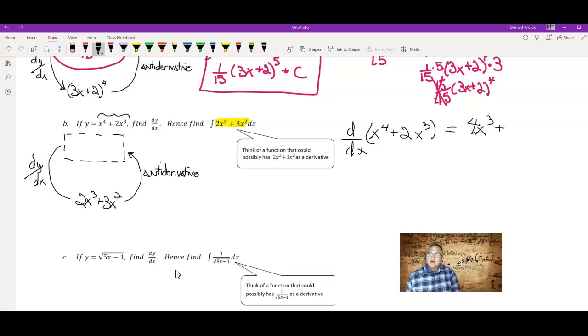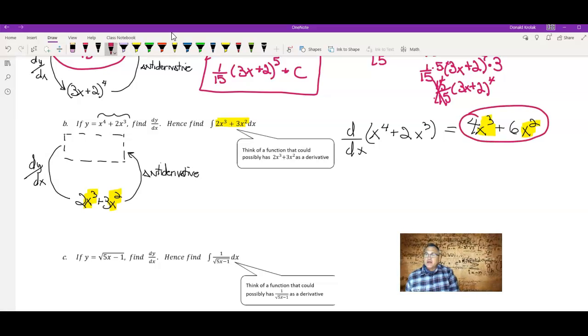The 3 comes out in front and makes that 6, subtract 1 from the exponent. All right, so it looks like that works, and this one works. So I've got to think, what am I going to do?